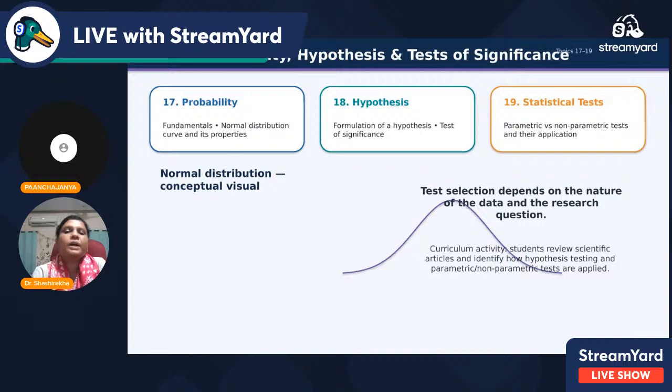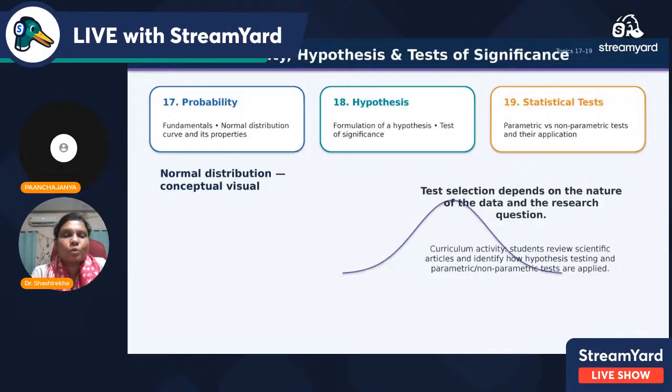And hypothesis. What is hypothesis? You will have null hypothesis and alternate hypothesis. It will be represented by H0. And what are the tests of significance? This will usually come for MCQ, and what you have to concentrate on is the p value.